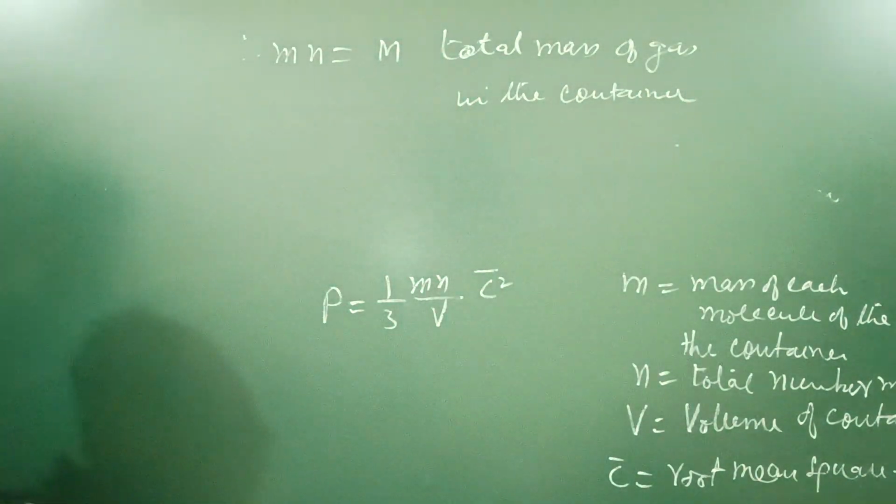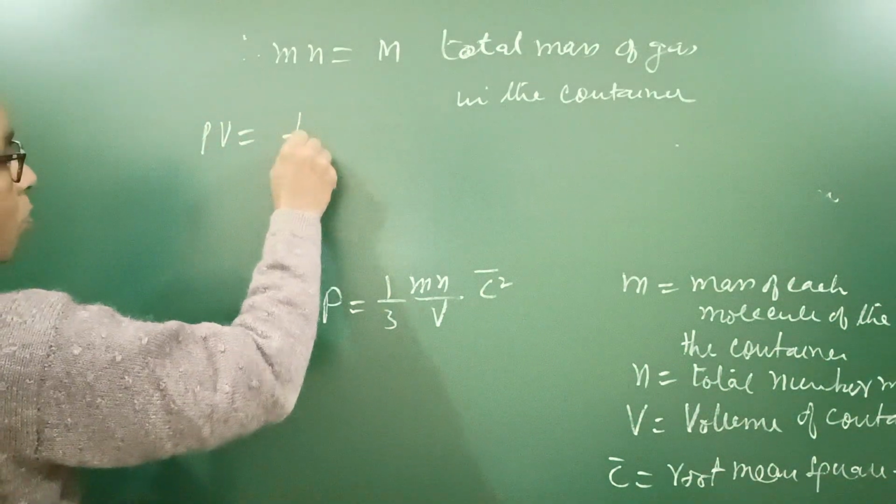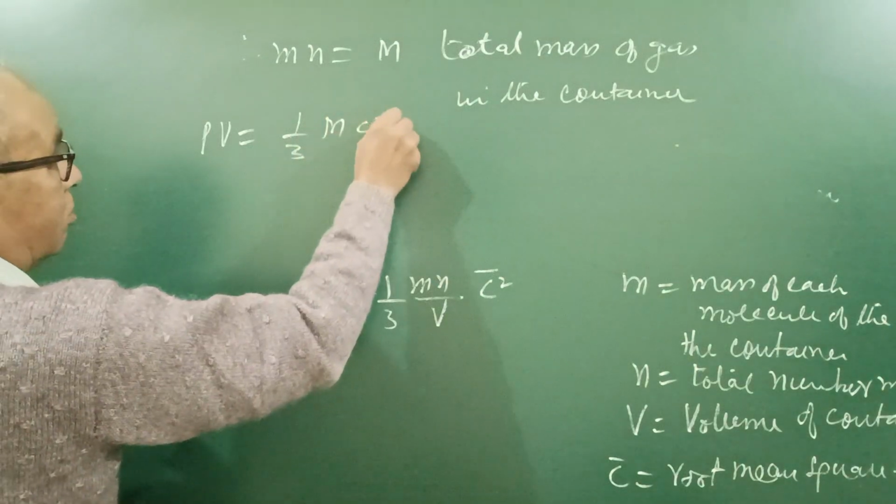So we can write PV equal to 1 upon 3 M c square bar.